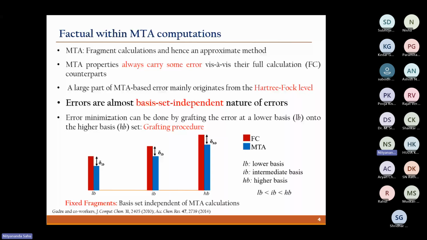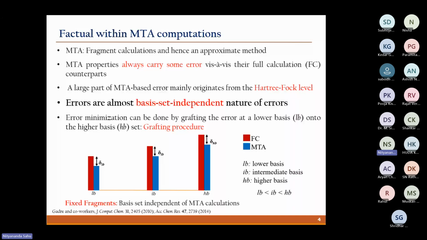Now you do calculations at a detailed level of theory, let's say MP2, and you have three basis sets: one very small, a lower basis, an intermediate basis, and a higher basis. If possible, you do full calculations on the system and compare the MTA value with respect to the full calculations at the respective level of theory, that means at the respective basis set.